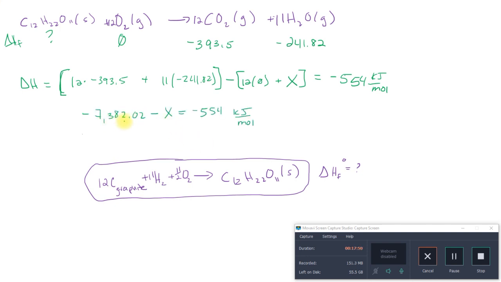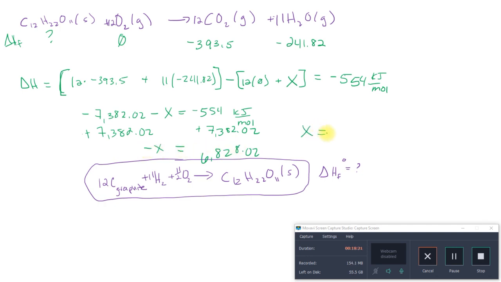Okay, so we end up with a negative, really big number, minus x, because minus 0 plus x, so just minus x, really. And I guess I'm going to add this number to both sides. I think the number that I get is positive 6,828.2 over here, and that equals negative x.